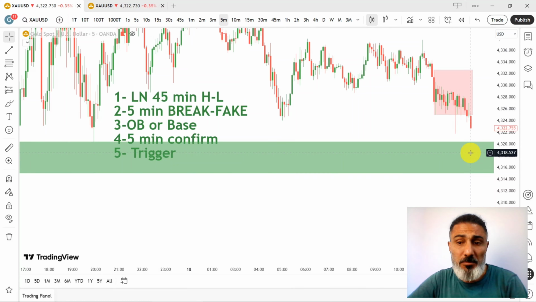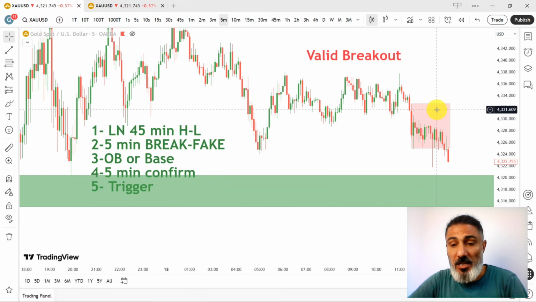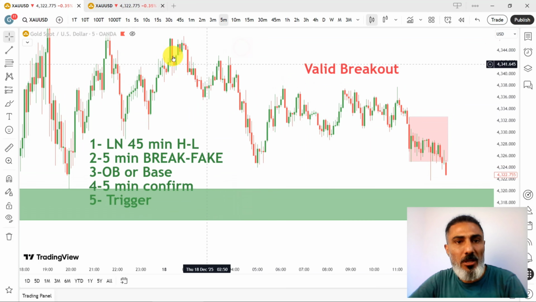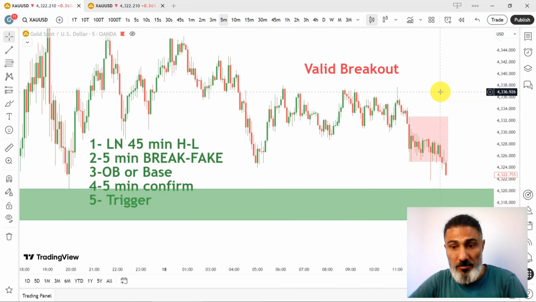What does it mean? When it breaks from the bottom, usually price will get to a valid order block and go up, and you can enter a long position. And if it breaks out from the top, usually it will go to find a valid order block, like here, order block or zone, or here, and then you must wait for a 5-minute confirmation to enter a sell position.